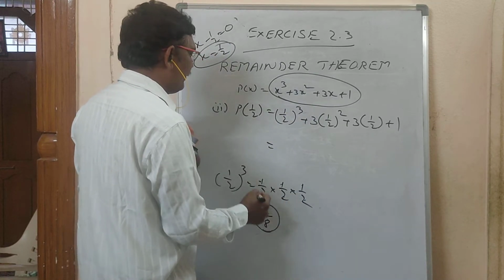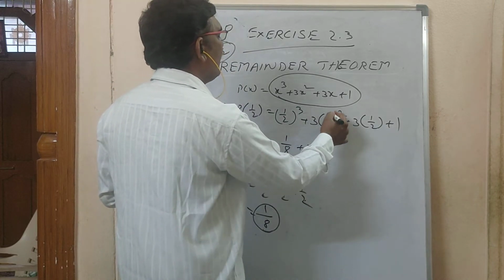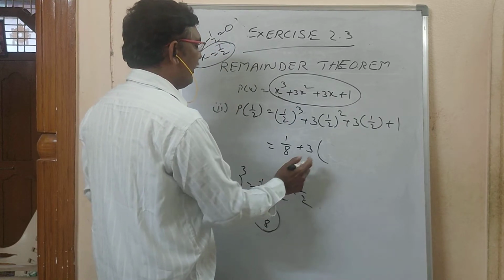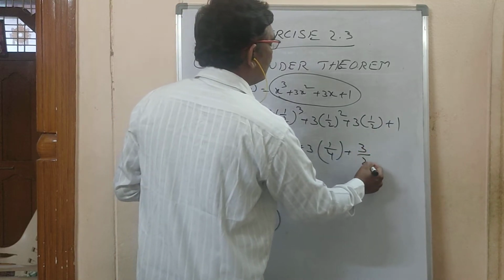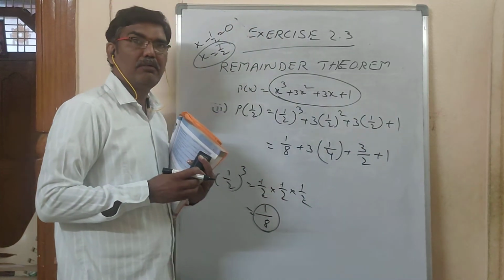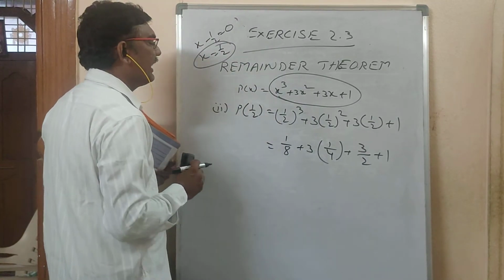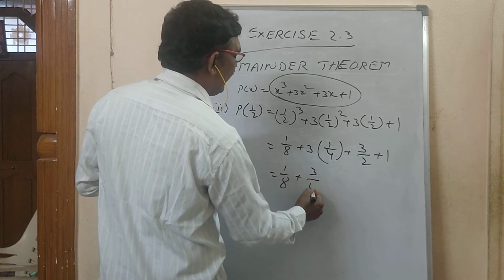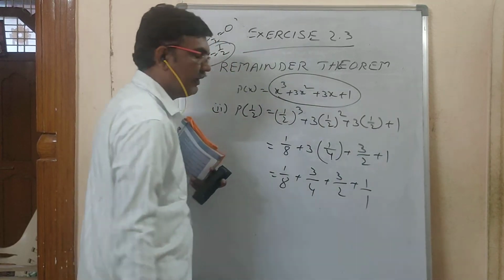So half whole cube is 1 by 8. 1 by 2 whole square is 1 by 2 into 1 by 2, which is 1 by 4. 3 into 1 by 2 is 3 by 2, plus 1. Next, you should simplify this again. 1 by 8 is the same. 3 by 4. 3 by 2 plus 1 means 1 by 1.